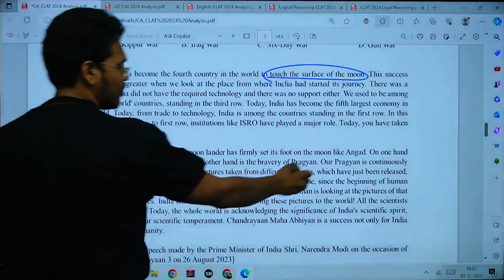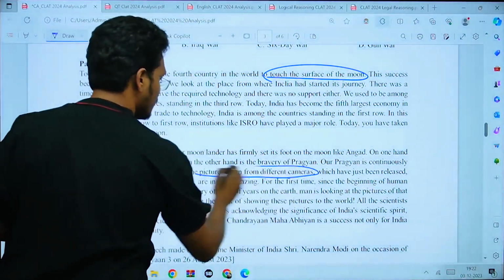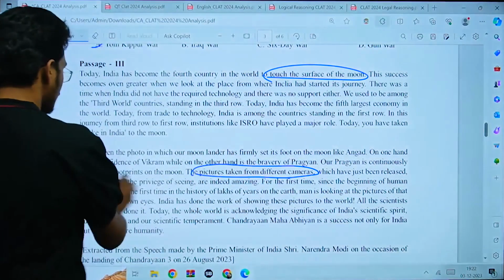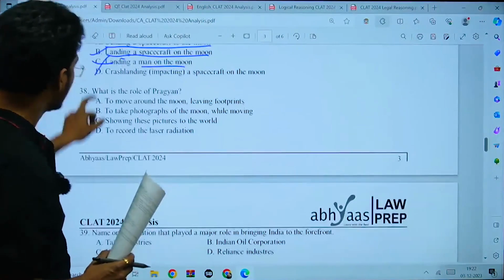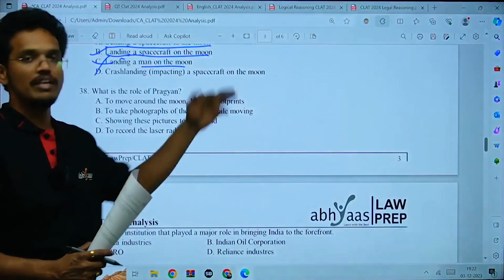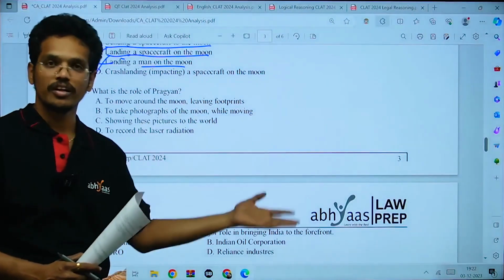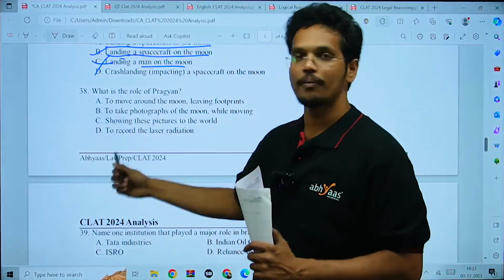The pictures taken from different cameras, this is the keyword. You might be thinking about footprints, because we have two options here: to move around the moon, leaving footprints, and to take photographs of the moon while moving. So there is a confusion between these two statements, whether A or B.